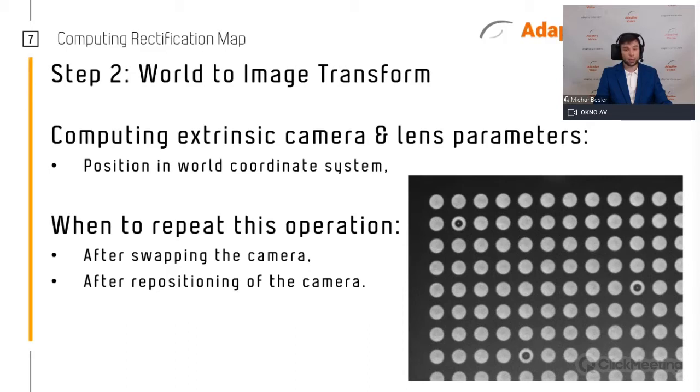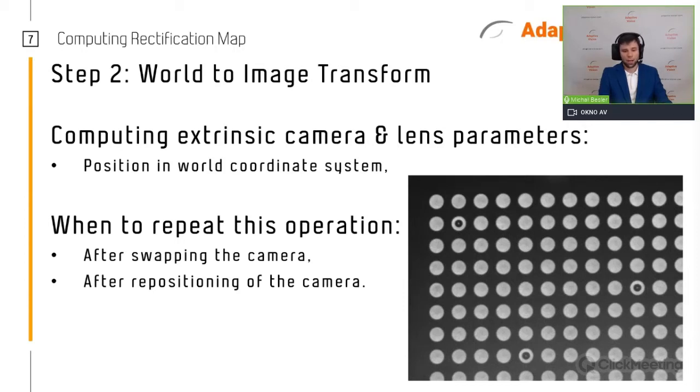And this operation should be repeated every time our distance to the working plane changes, every time we have some kind of rotation or replacing the camera. Any repositioning will void the previously computed transformation. Also, swapping the camera will void that operation.